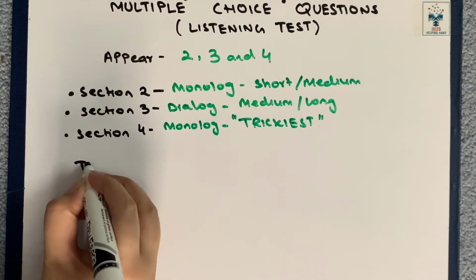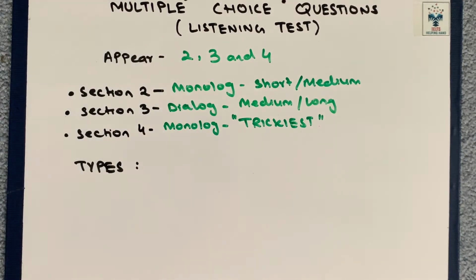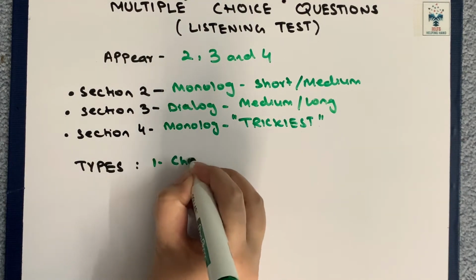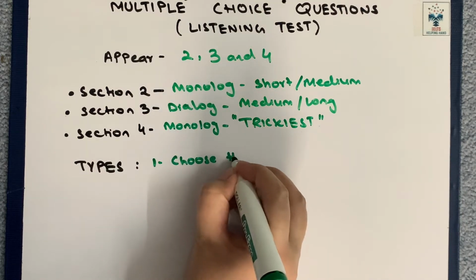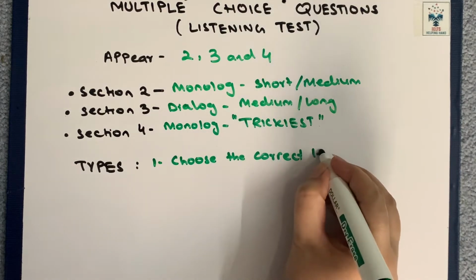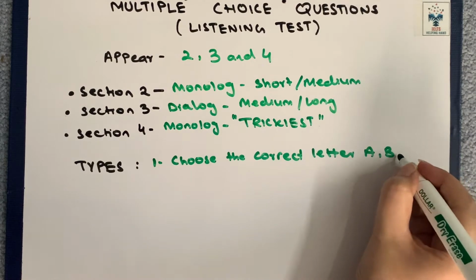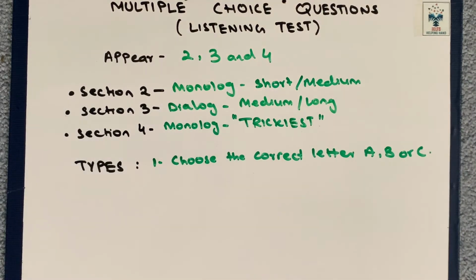Now, we will discuss the types of multiple choice questions. There are 2 types of multiple choice questions. Number 1 is choose the correct letter A, B, or C. In such type of questions, there are 3 options, of which 1 is correct and 2 are wrong.